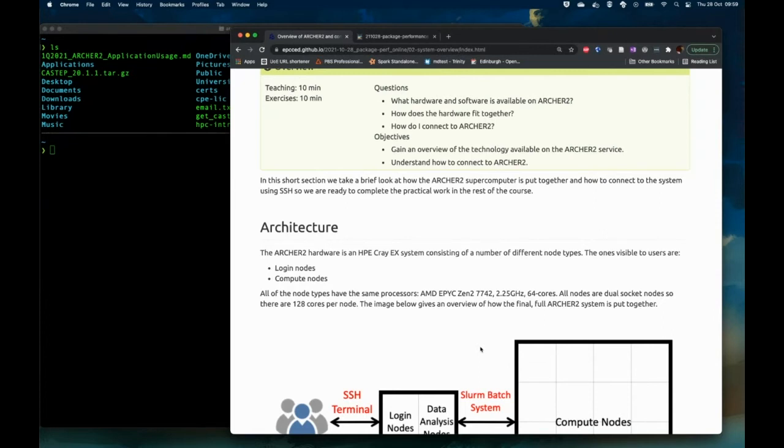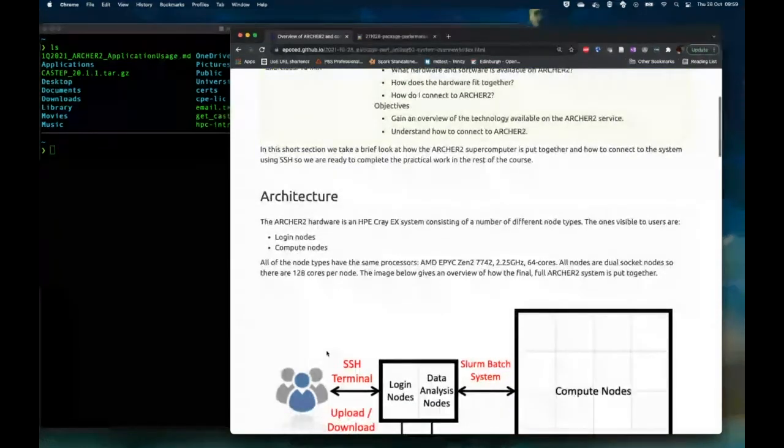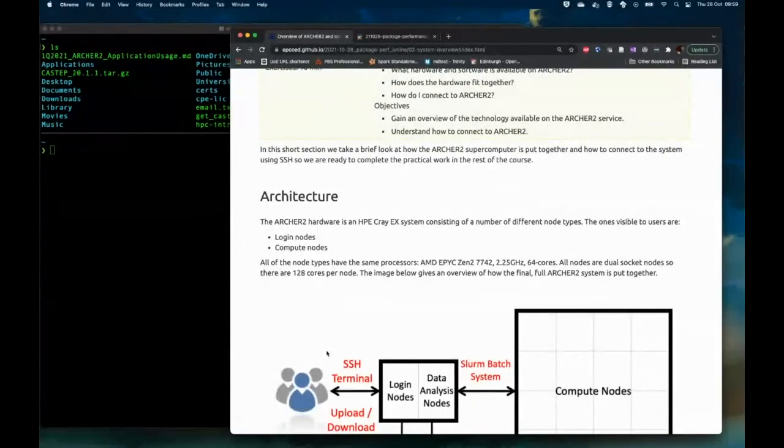But in terms of the actual physical system that sits at the center of the service, it's an HP Cray EX supercomputer, and it has a number of different node types. The ones that users see, at least on the current system that we're going to be using today, which is actually a smaller preview system of the full system, which is undergoing final testing at the moment before it's made available to users, are the login nodes and the compute nodes.